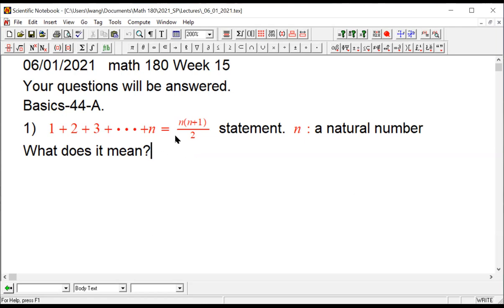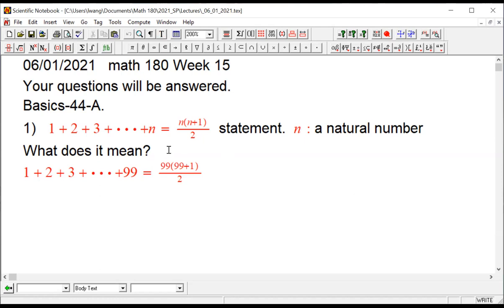So suppose we add the first 99 numbers, 1 plus 2 and so on. Then this formula tells us, if this statement is true, starting from 1 and n is 99, it's going to be 99 times 99 plus 1, over 2. So that's what the statement says.